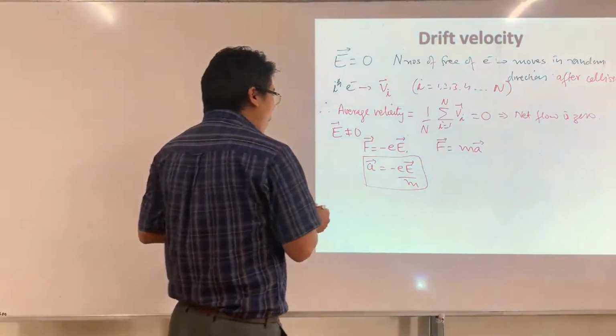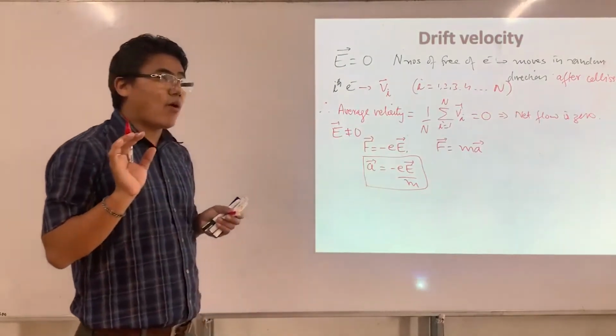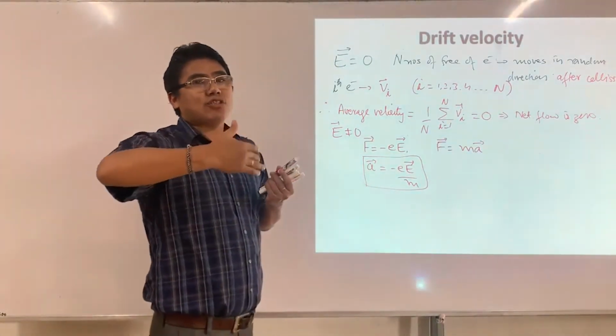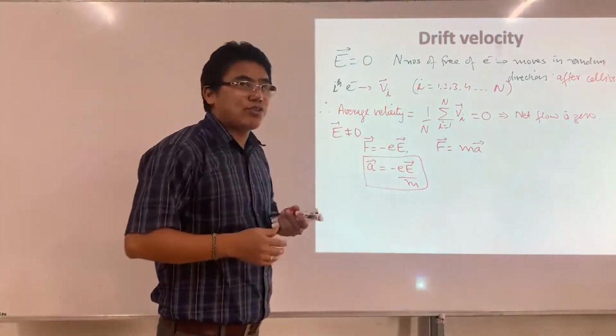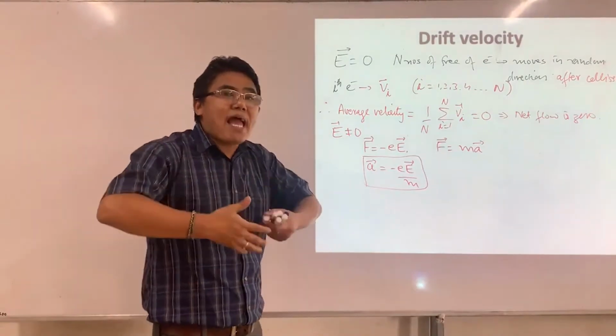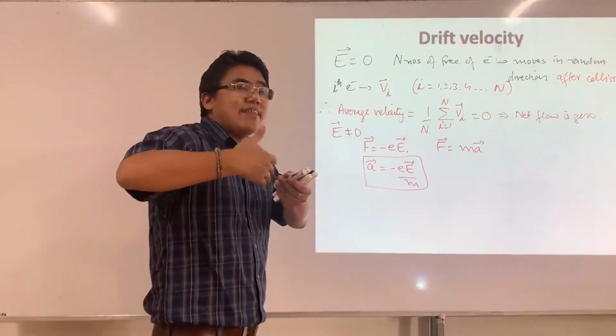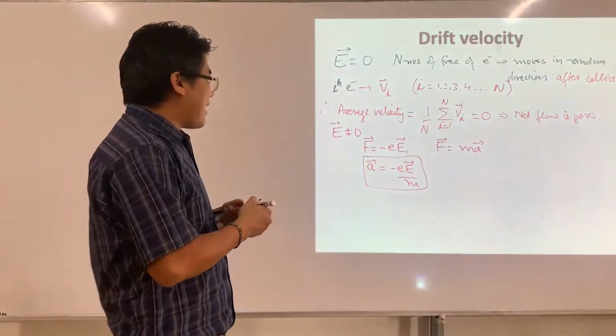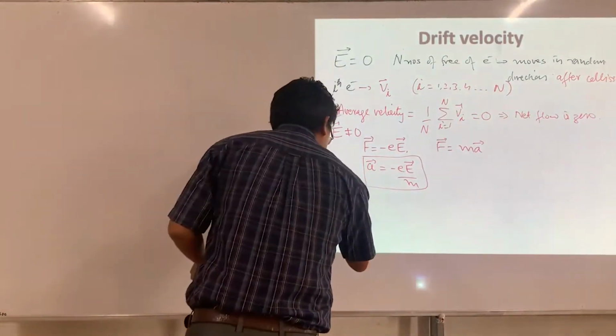Now what I'm going to do is this: the electron undergoes acceleration until the next collision. Electrons keep accelerating until the next collision.